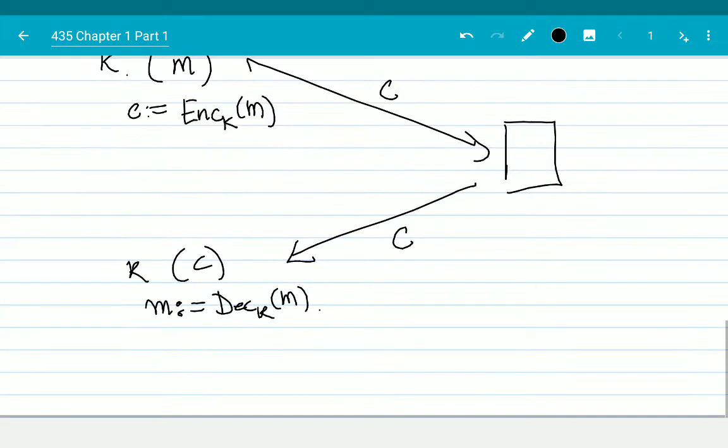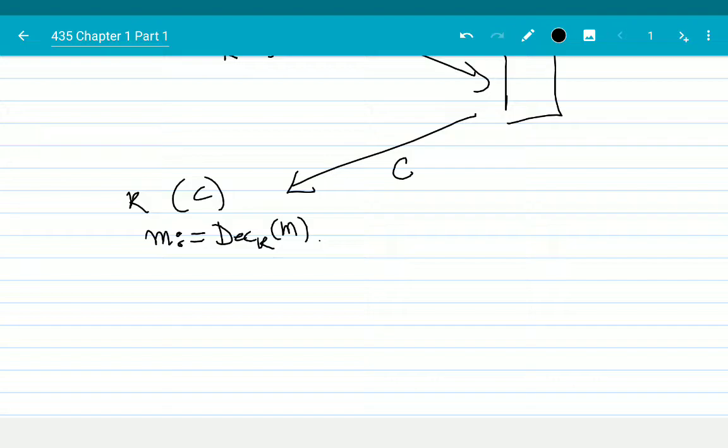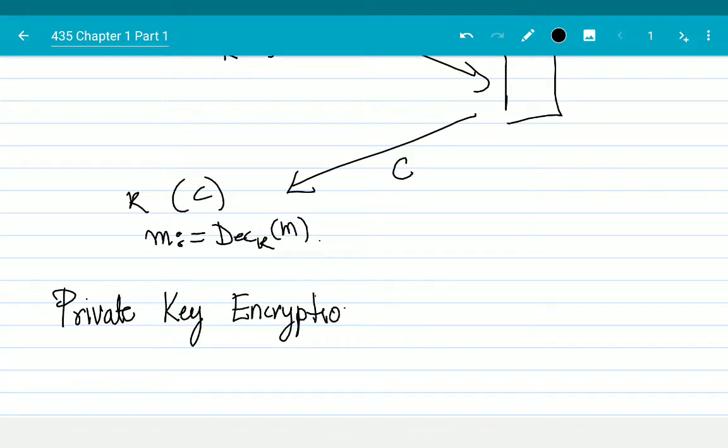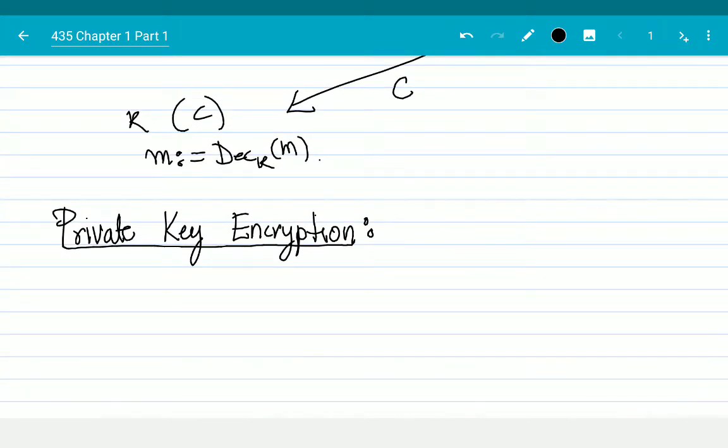So the keys have to be hidden, and that is the important part of private key encryption. Private key encryption is going to be something where the key is hidden.